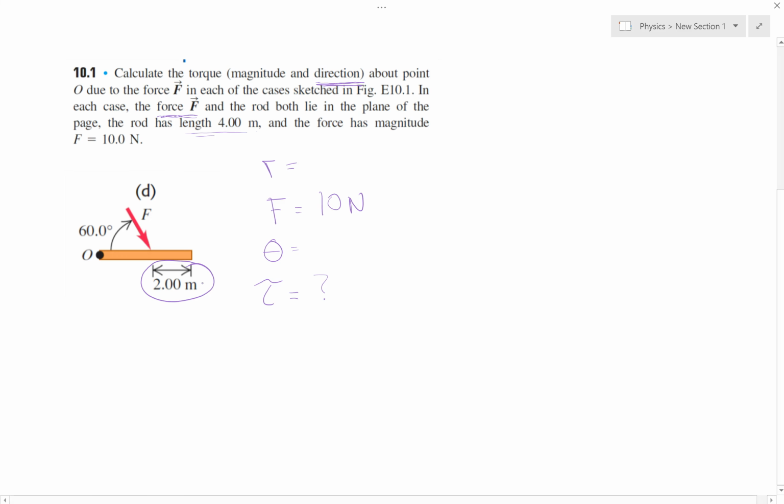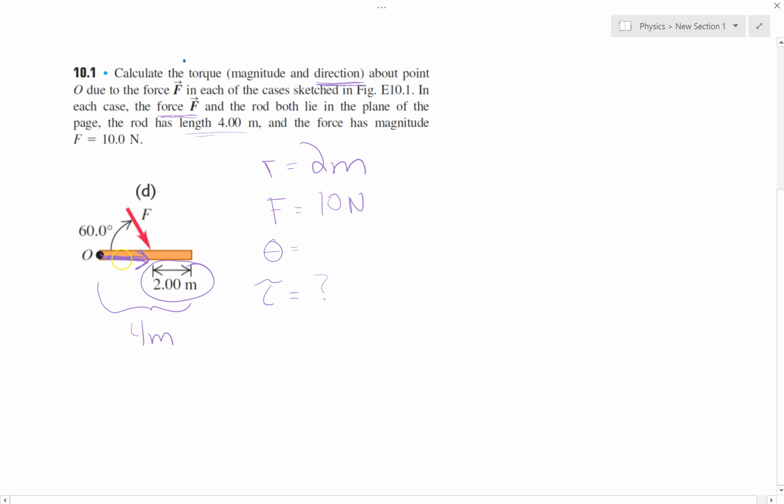The rod in total is 4 meters, so I'm at the very center. When I draw my lever arm, from my axis of rotation to where my force is applied, it is no longer 4 meters. Instead, it's 2 meters.